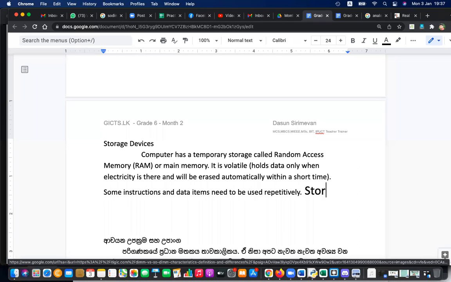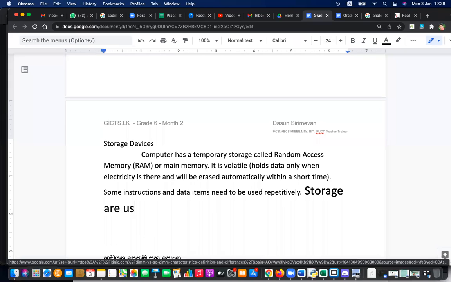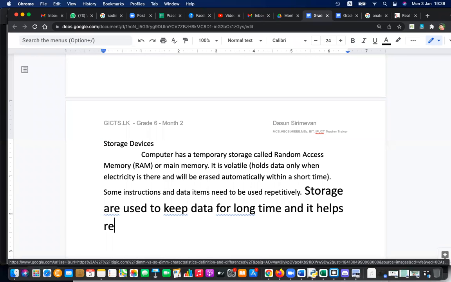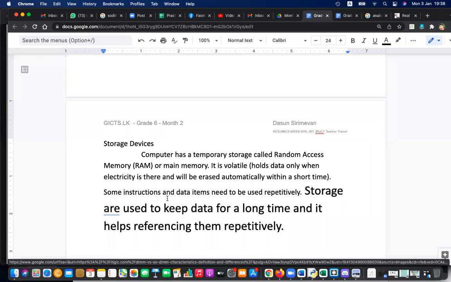Storages are used to keep data for a long time, and it helps referencing them repetitively for a long time.